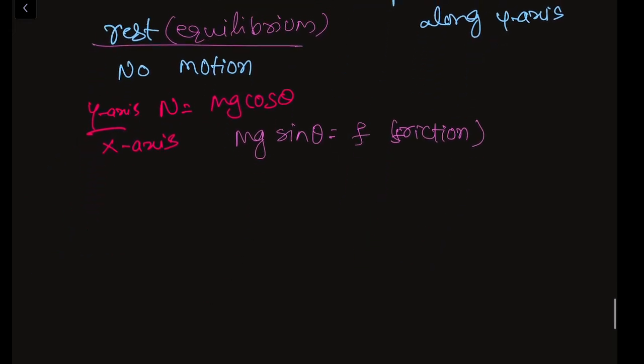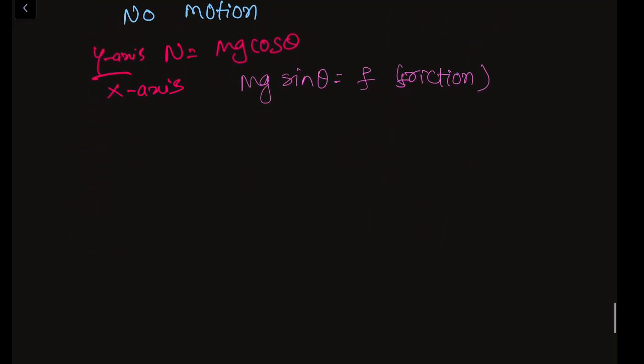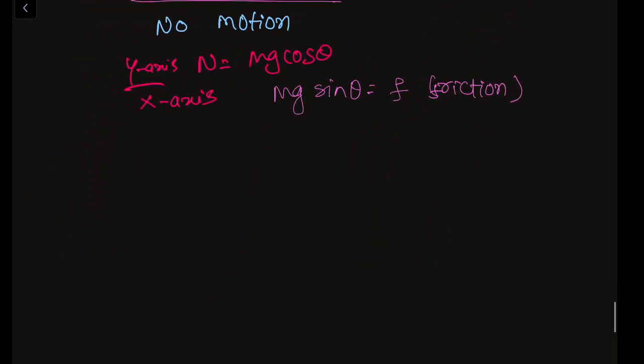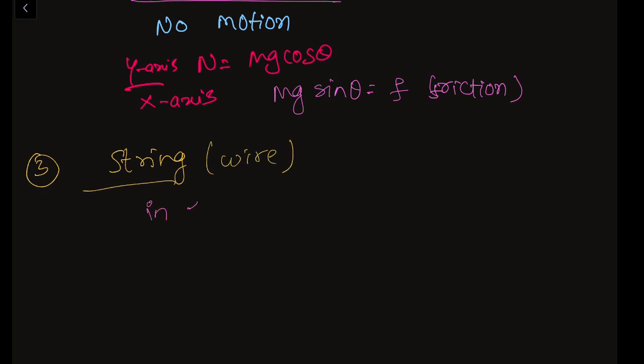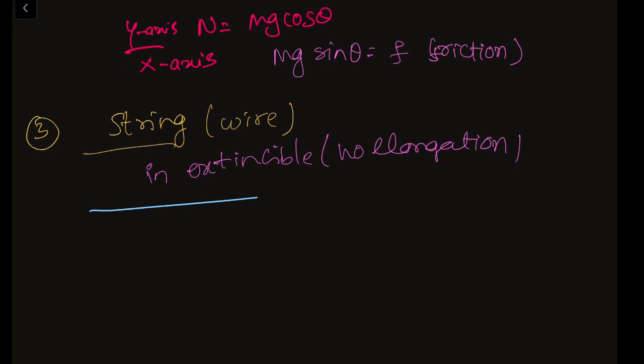After that, we can have one string. Third one, string. String means wire. The wire is inextensible, which means no sagging, no elongation. Got it, children? Here in this case, consider a rigid support.